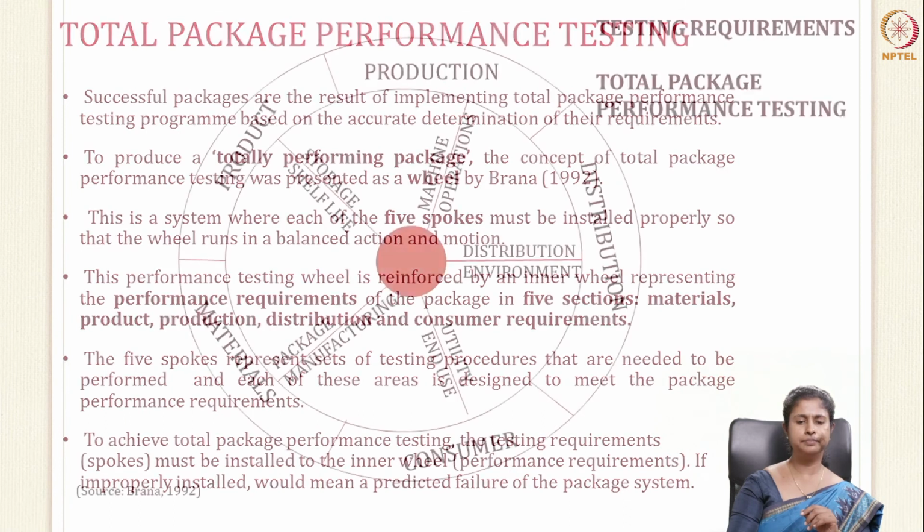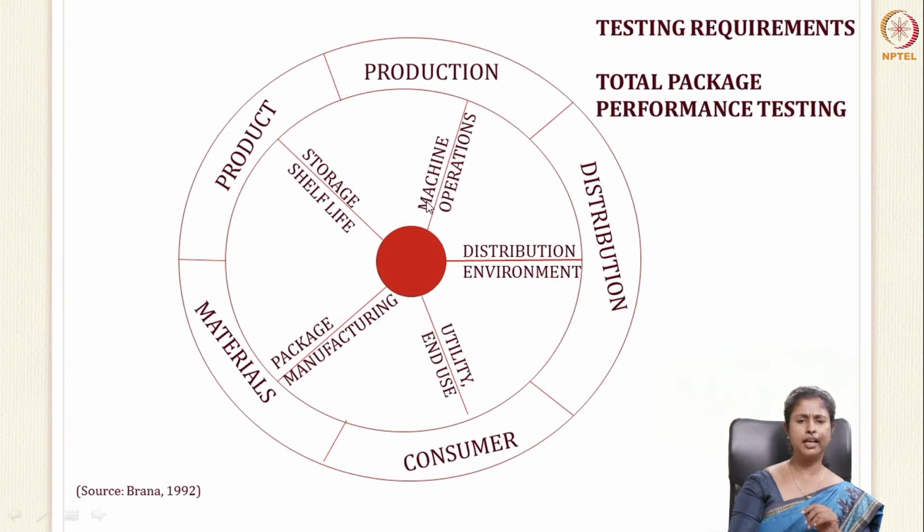For example, these are all attached to the inner circle. For production, one of the tests that you need to do is machine operations. In distribution environments, you need to consider all the distribution environments and perform all the tests that might help to determine if your package is going to go through the different distribution environments.